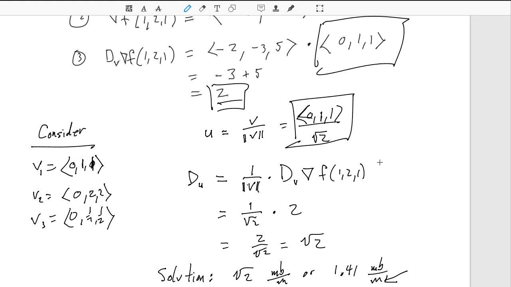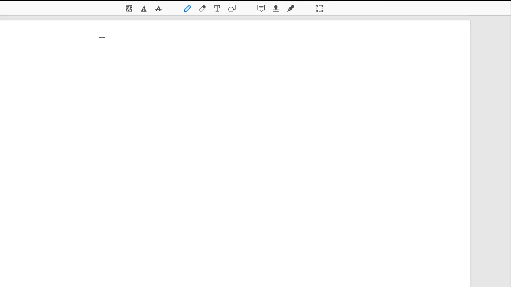Things don't get too much harder in that area. All right, now we're still continuing in 4.5, the direction of greatest increase or decrease.